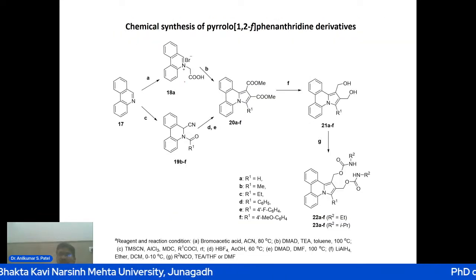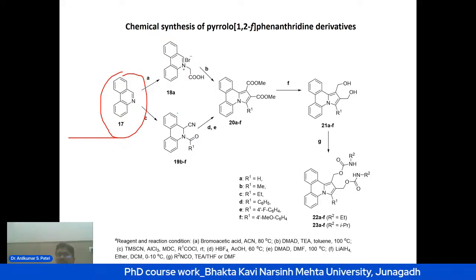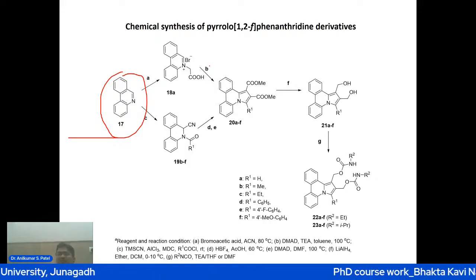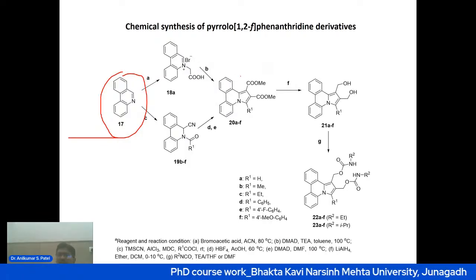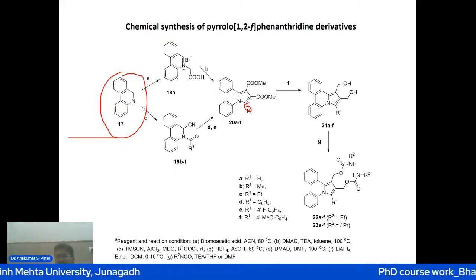Initially, the synthesis part. We have taken phenanthridine as the starting material. Then we treated it with bromoacetic acid to produce the bromoacetic acid salt, which we treated with DMAD, acetylene dicarboxylate. Then it produces the ester, without substitutions here: R1 is equal to H when we treat with 18A.